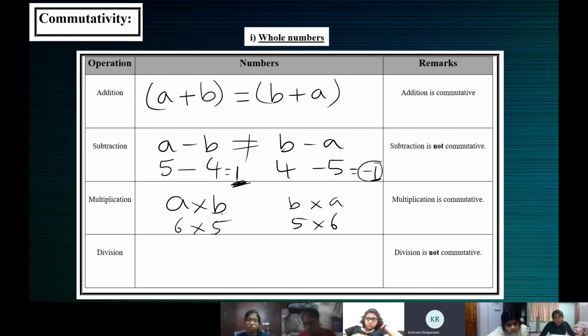If A and B are whole numbers, A into B is equal to B into A. When you multiply two numbers in any order, the product is the same. Even with 0, 6 into 0 is 0, and 0 into 6 is 0.